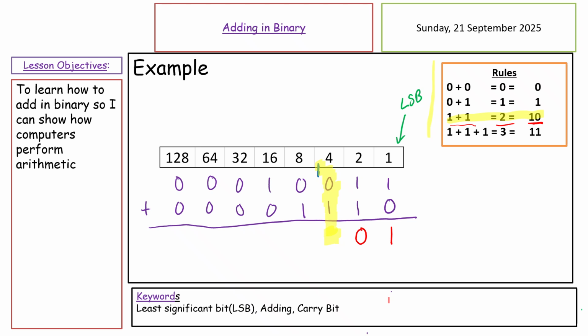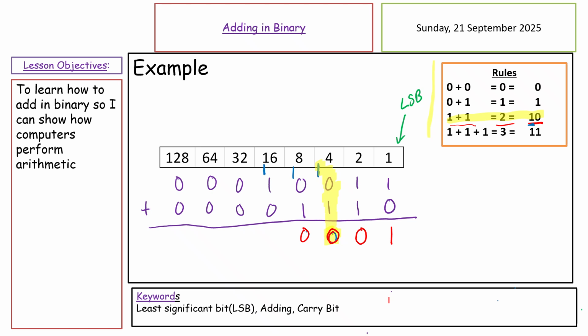So again, I'm going to put my answer down. Oh, wrong colour for my answer. And then I'm going to take my carry over. And I'll repeat again. I've now got 2 in this column, so it's 0, and my carry, my 10 goes over, my 2 goes over.